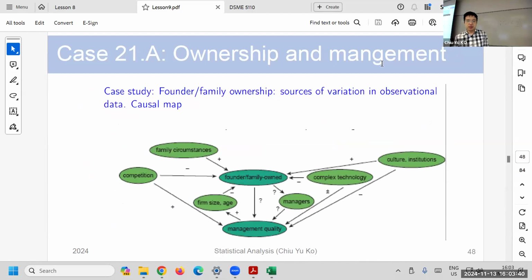What you do is, the simplest thing you can do is, this is the X, this is the Y, right? And you look at firms are family owned or not, look at the quality, okay? But you do accept match, which means that, say, you look at culture, suppose you look at China, only focus on China firms, you take a difference between family owned and non-family owned. And look at United States, control United States, you take a difference.